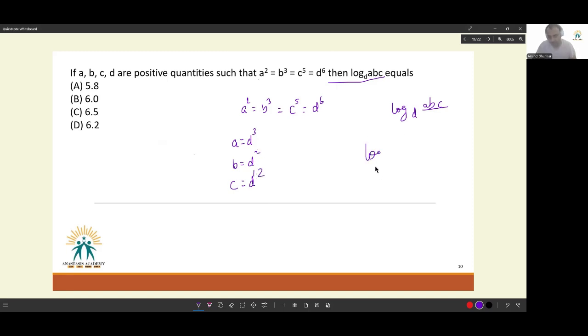So this will simplify to log of D raised to the power 3 plus 2 plus 1.2 to the base D. This will come out 6.2 log D to the base D, which is equal to 1, so the value of this will be equal to option D, 6.2.